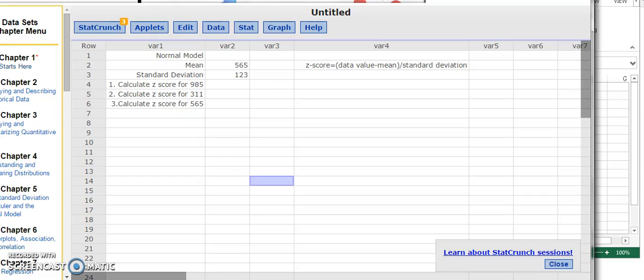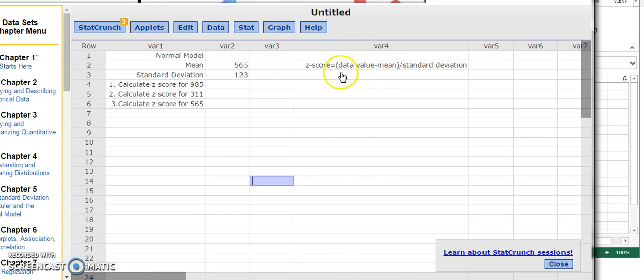In this tutorial, we'll talk about how to calculate z-score both by hand and by using StatCrunch. As we know, the z-score is a very important concept in our Stat 211 class. The z-score is calculated by using a fraction.